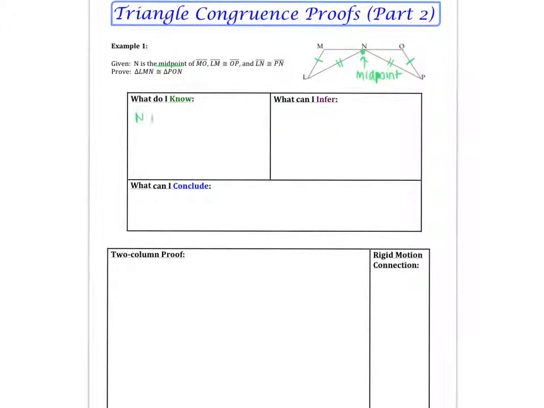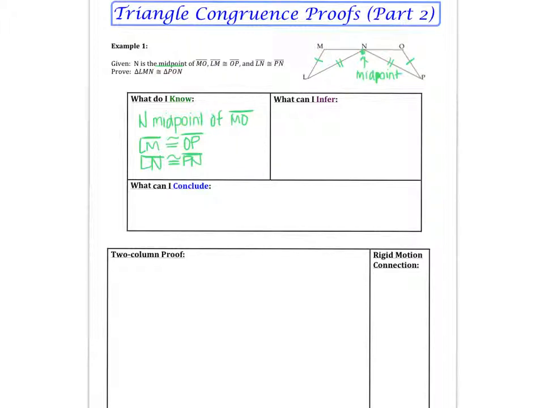So N is the midpoint of MO. I know that LM is congruent to OP, and I know that LN is congruent to PN.